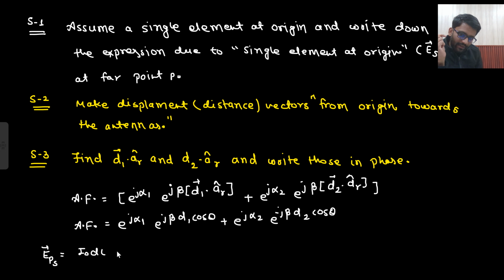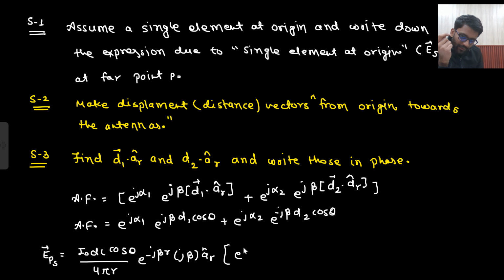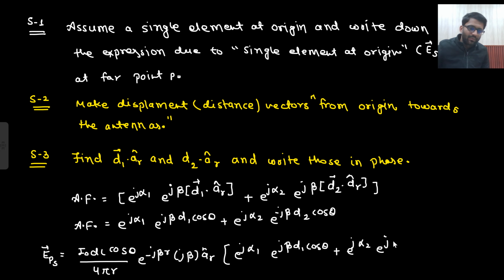So it will give you ideal sin theta, but the angle is 90 minus theta, so that's why cos theta upon 4 pi r e to the power minus j beta r into j beta into a_r cap, e to the power j alpha 1 e to the power j beta, from the origin towards the antenna, d1 a_r cap, so d1 cos theta, plus e to the power j alpha 2 e to the power j beta, from the origin towards the antenna d2, but the angle is 180 minus theta, so that would be cos theta but with a negative sign.